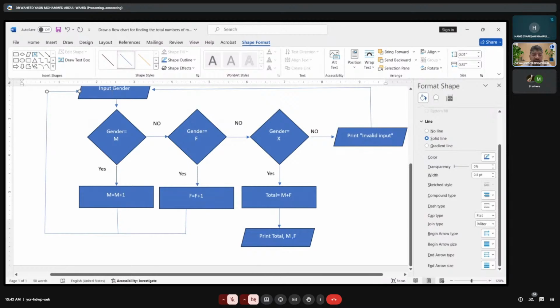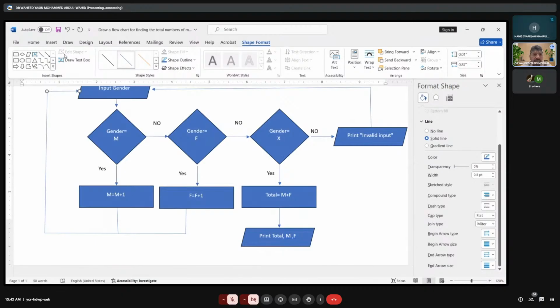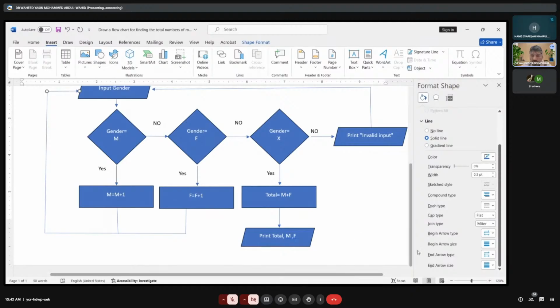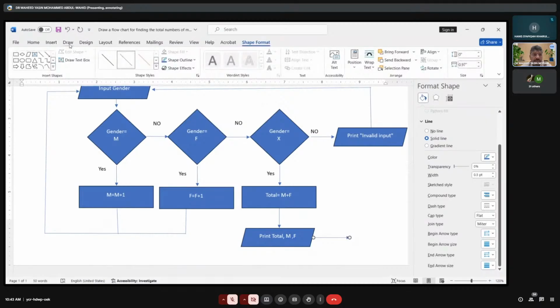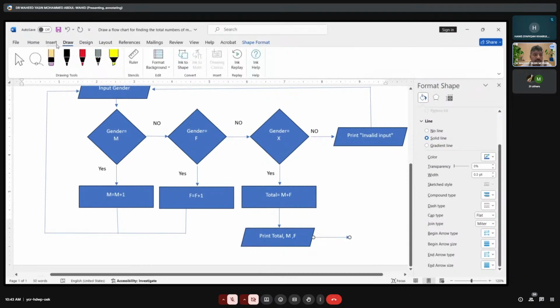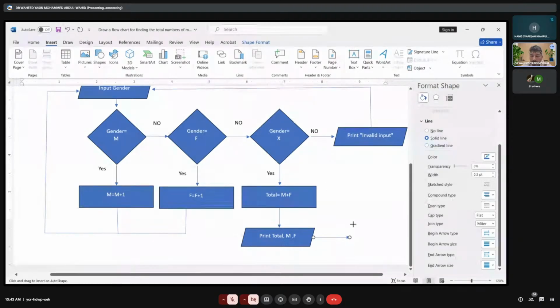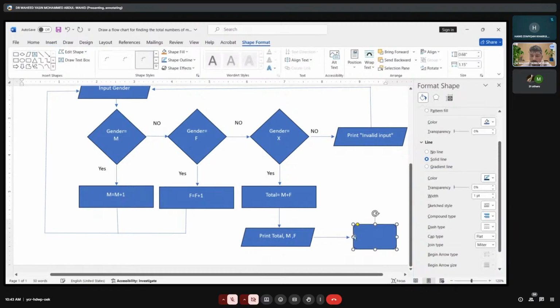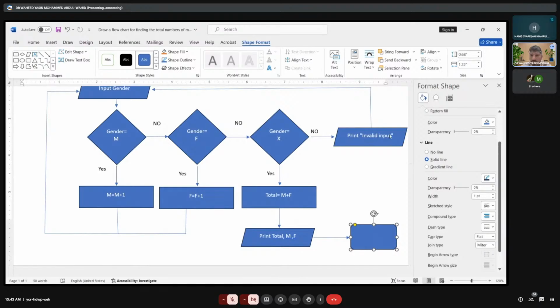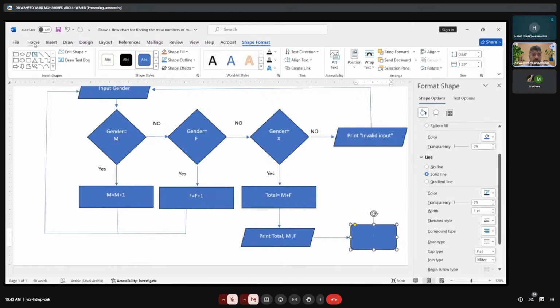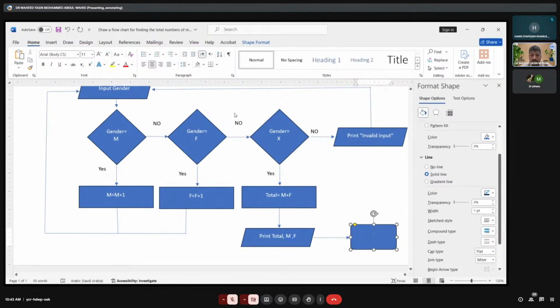Okay, then go and put gender again. Then here, what is the last thing?